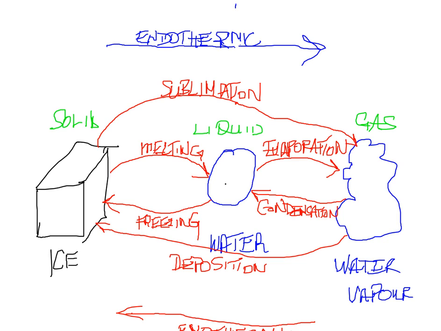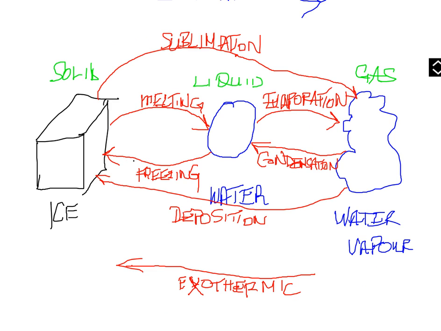We've labeled them. Some of the transformations require energy to be accomplished. They're shown on the upper half. So melting, evaporation, and sublimation all require energy. That means that they're endothermic phase transformations, whereas the ones in the lower half of the diagram, condensation, deposition, freezing, all release energy, and they are therefore known as exothermic phase changes.